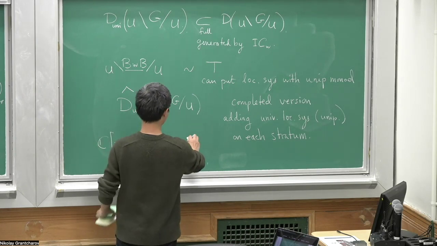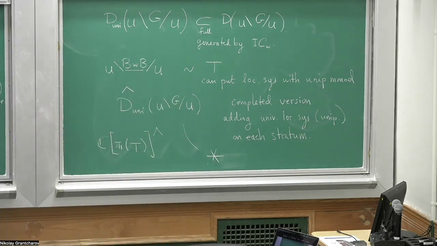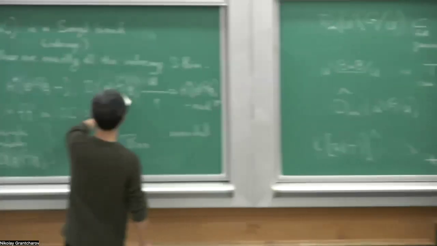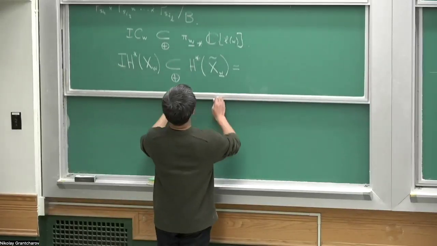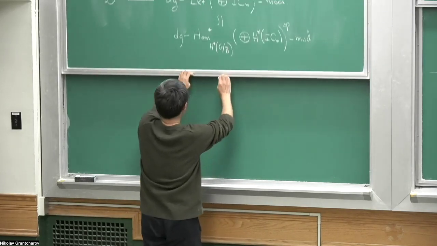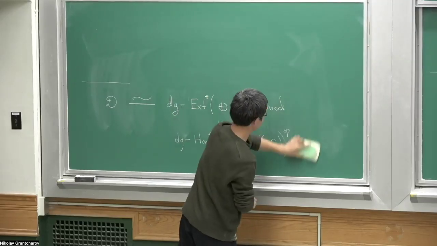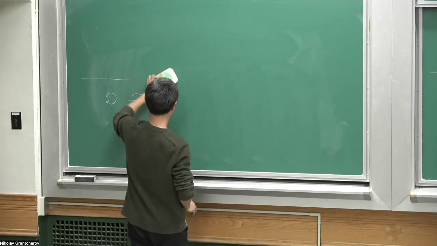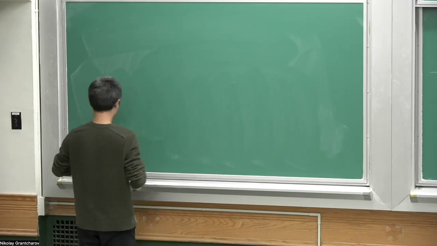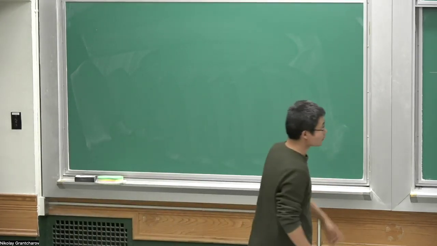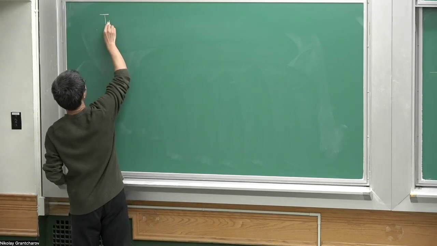So this category now carries a convolution, just as... no, it's in this version. There's a notion of floating objects.